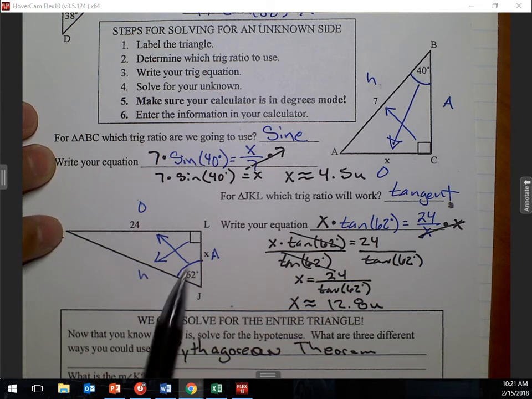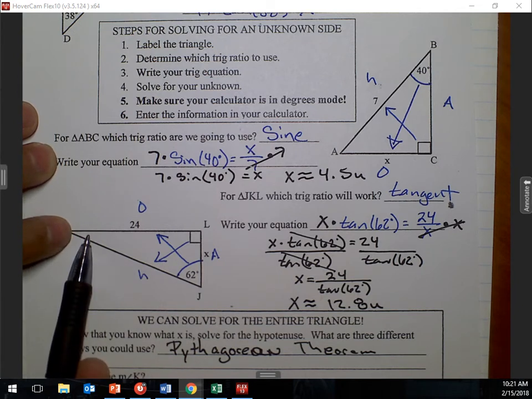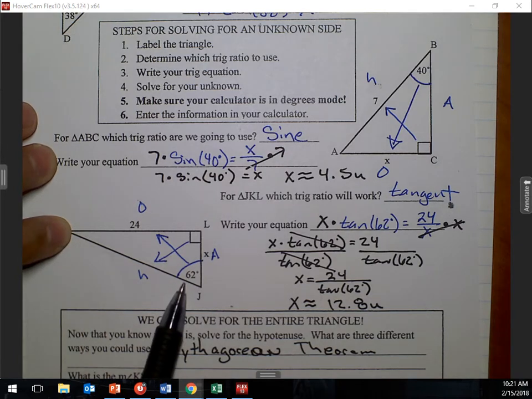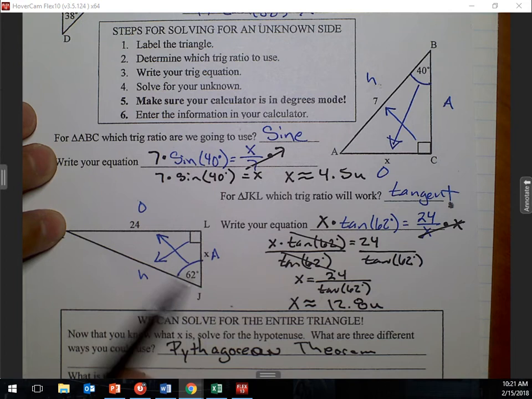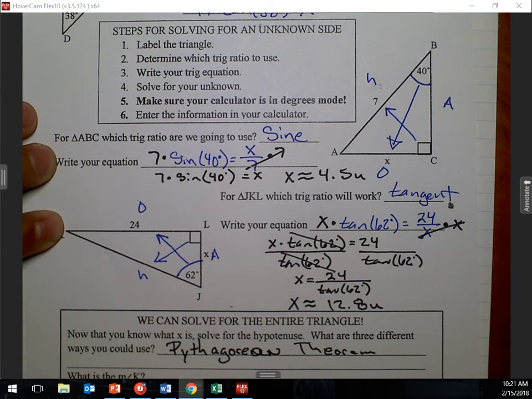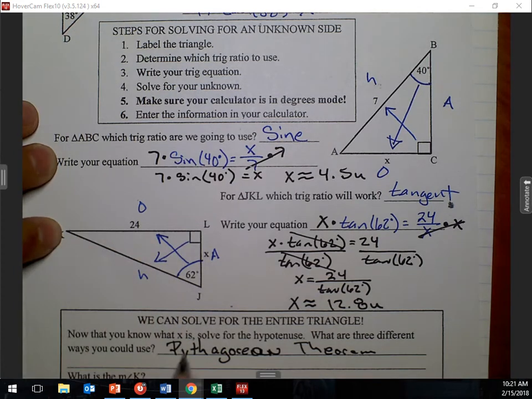So if this is 62, this other one is, how would I figure that out? 90 minus 62, right? 90 minus 62 is going to give me 28. So this is going to be angle K is 28 degrees.